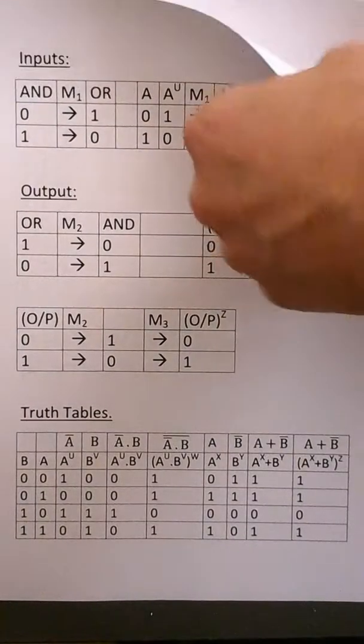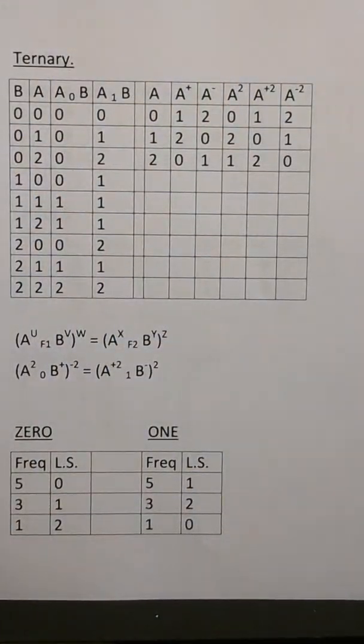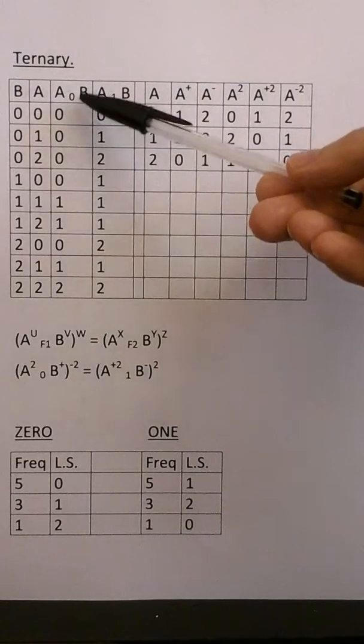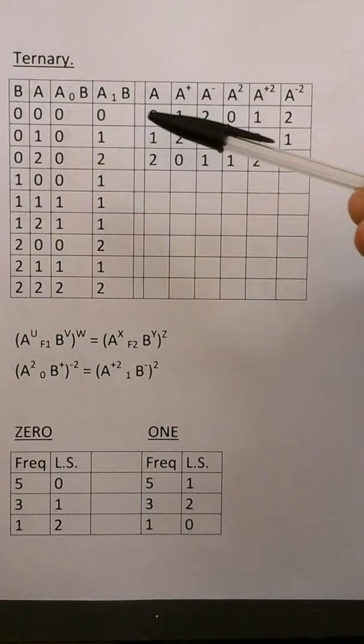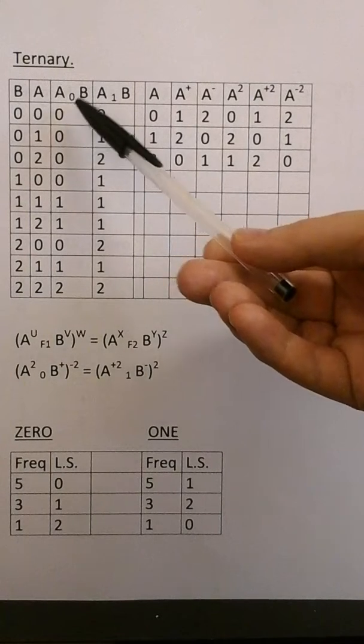So here we have a ternary example. The zero function and the 1 function, listed here. The 0 function is a minimum function.